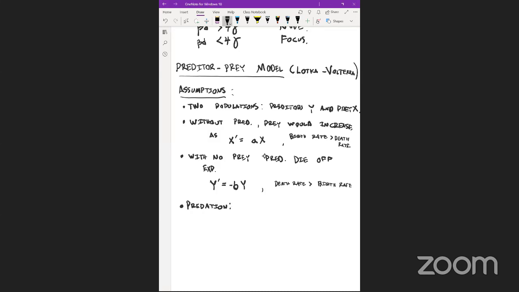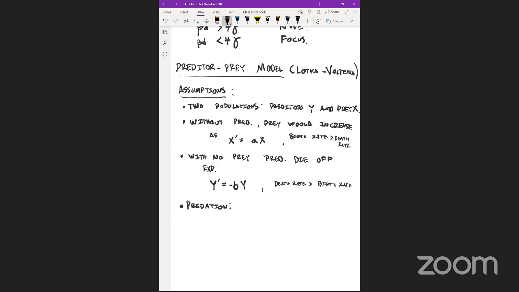And we're going to use our normal way of thinking about predation. We'll say that there's some probability that a member of population A meets a member of population B, and that member of population A successfully hunts the member of the other population. And that's going to give us an interaction term.